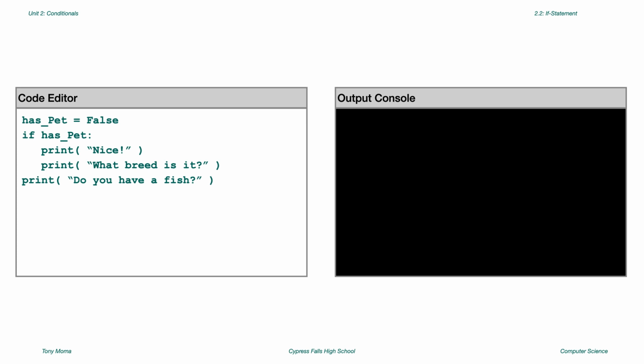So the first two print statements will get skipped over, but the final print statement will still get executed because again, it's not conditional. It's not a part of the if statement. Now, had I set has_pet equal to true, in that case, the condition in line 2 would evaluate to true, so the first two print statements would then get executed, followed by the third one because, like we stated, it gets executed regardless of what the condition evaluates to.